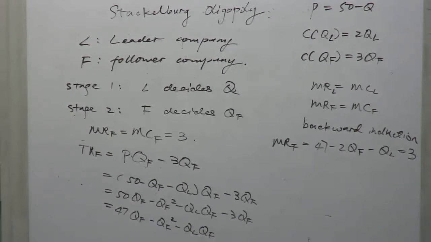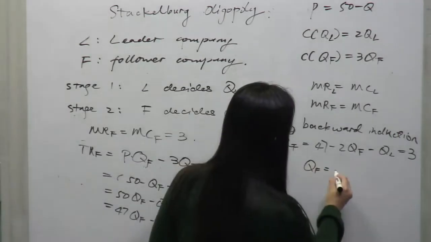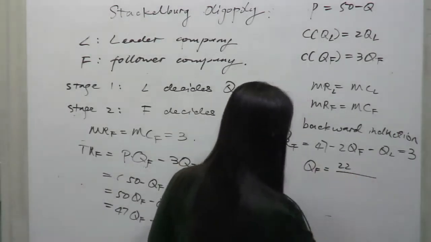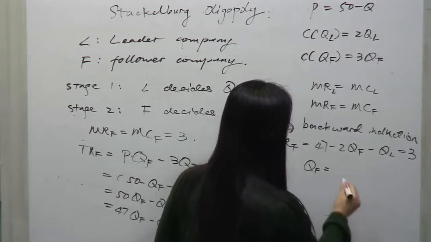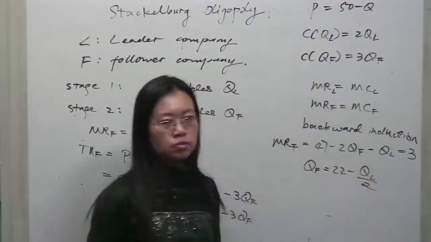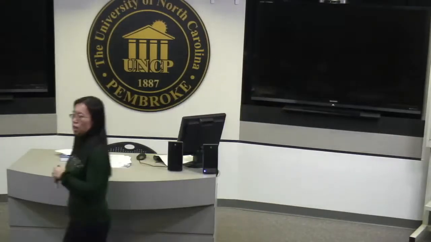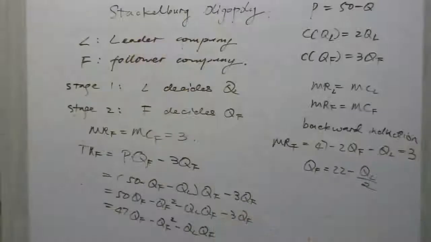What is QF equal to? QF is 22 minus QL over 2. Did everyone get that?